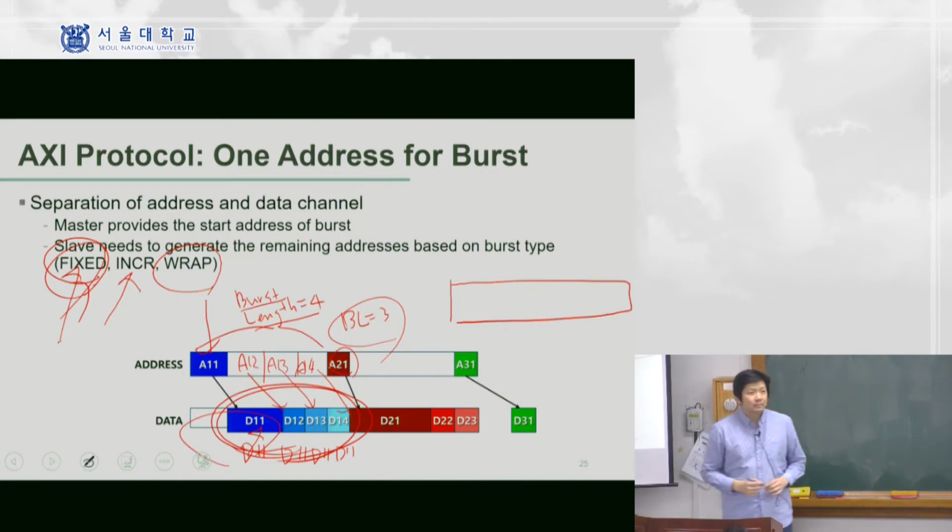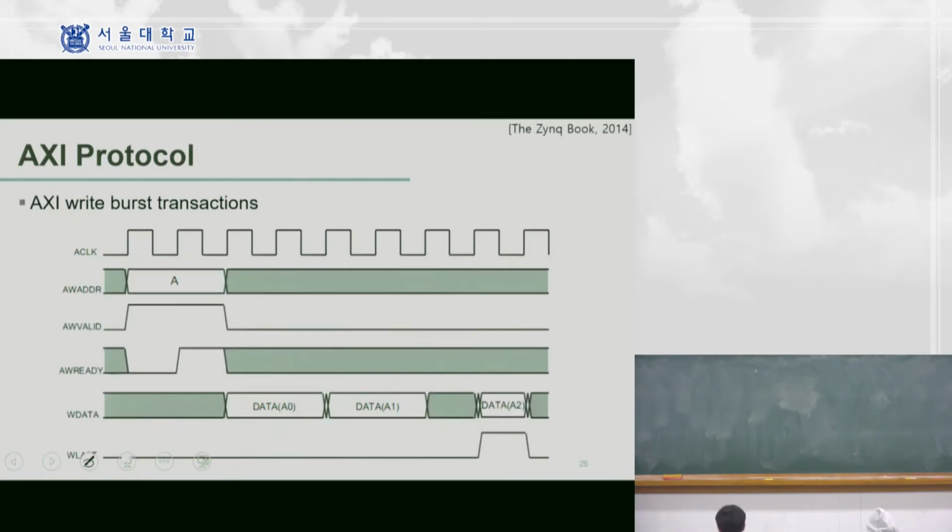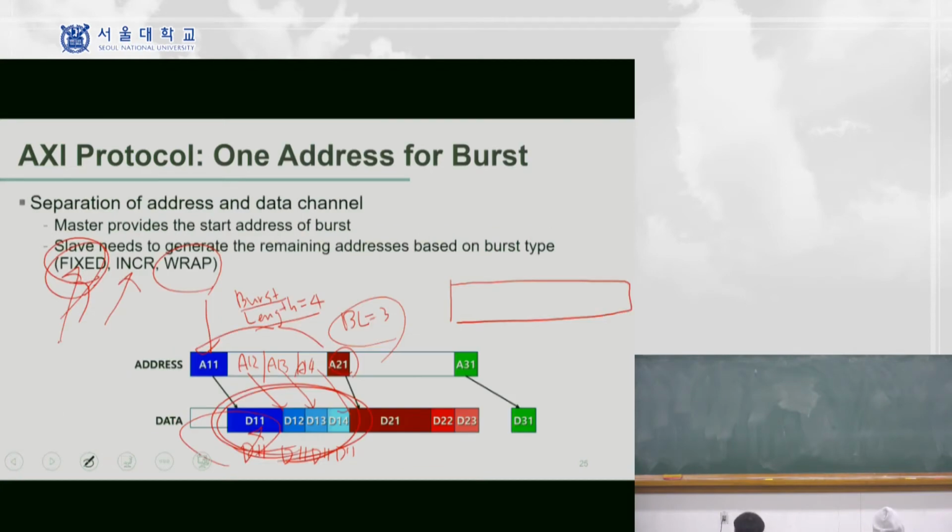Do you know what alignment is? Alignment is basically if you read a word, then the byte address of the word must be aligned, a multiple of 4, assuming the word is 4 bytes. Let's say you want to read a word whose byte addresses are 04 through 07.